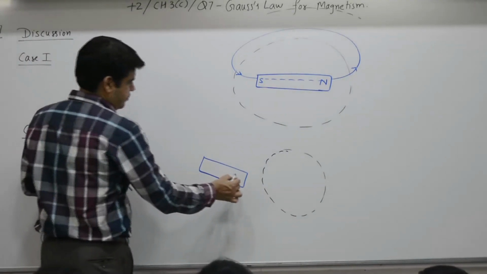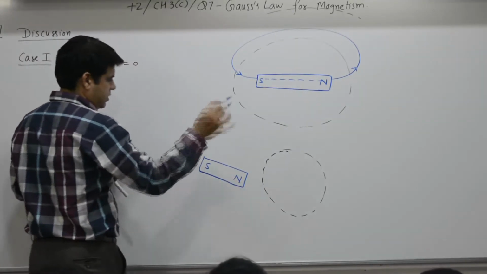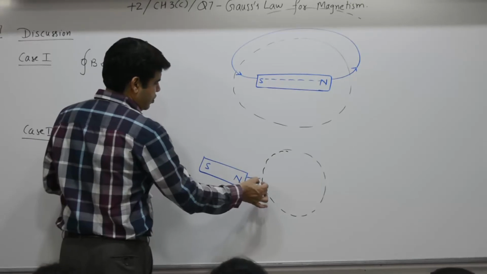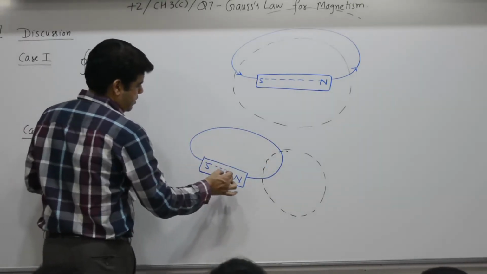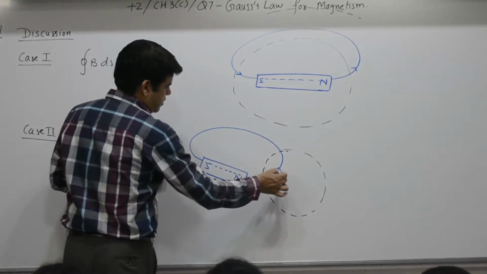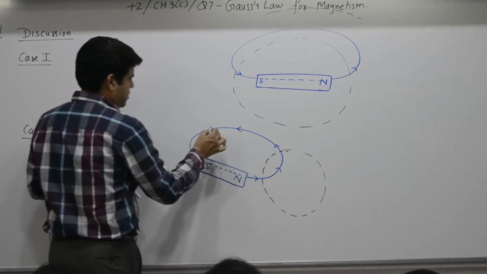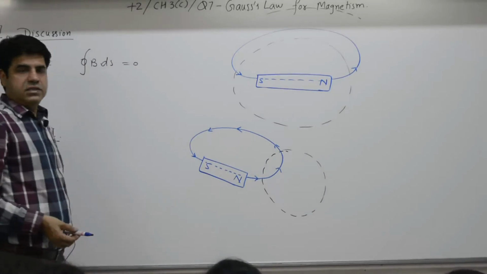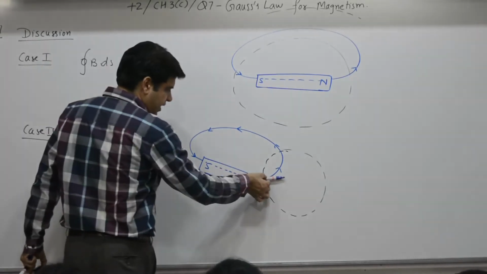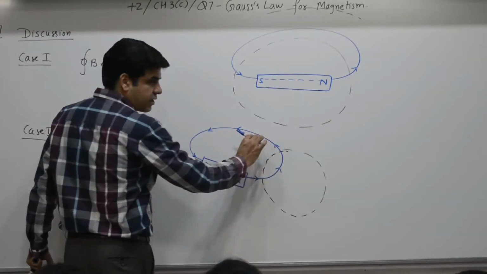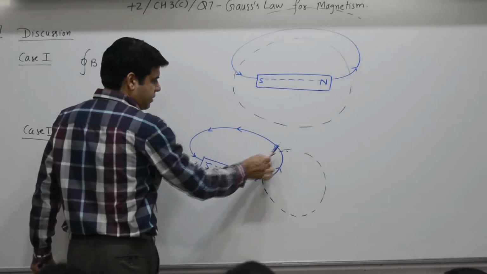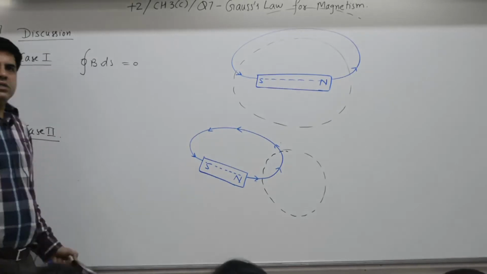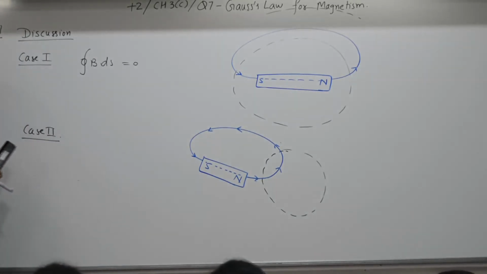North, south, wait a moment. North lines, number of lines entering the surface 1, leaving the surface 1. If you take leaving the surface to be minus and entering to be plus, then minus 1 and plus 1 comes out to what? 0. So again this is true.